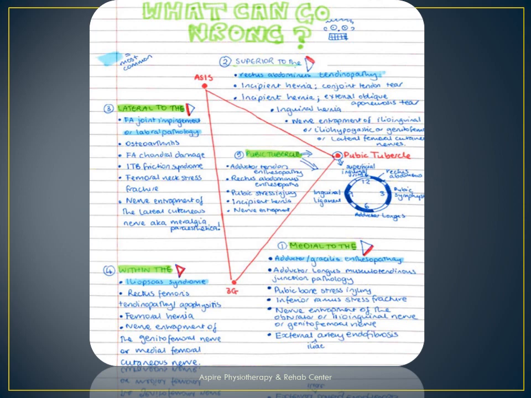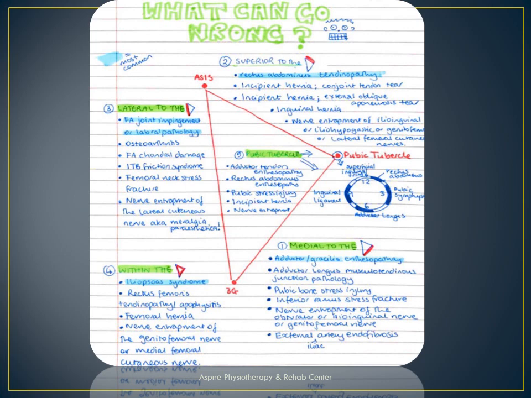Then nerve entrapment, because we have seen that there are n number of nerves passing through this area. So ilioinguinal nerve, iliohypogastric, genitofemoral, and another nerve, the lateral femoral cutaneous nerve. Okay, so this is all about the superior border.